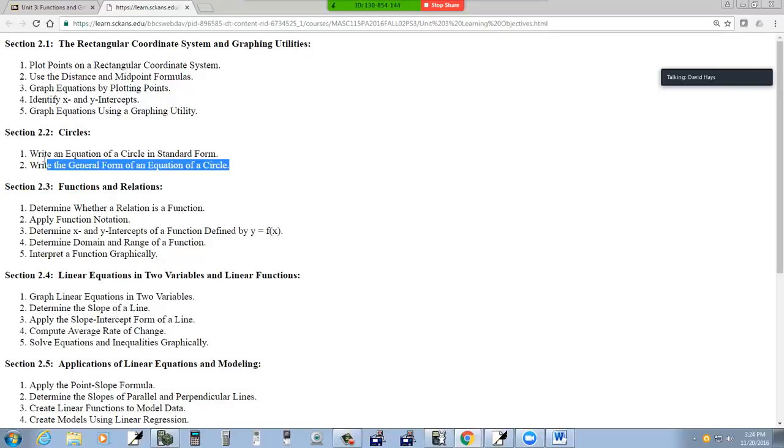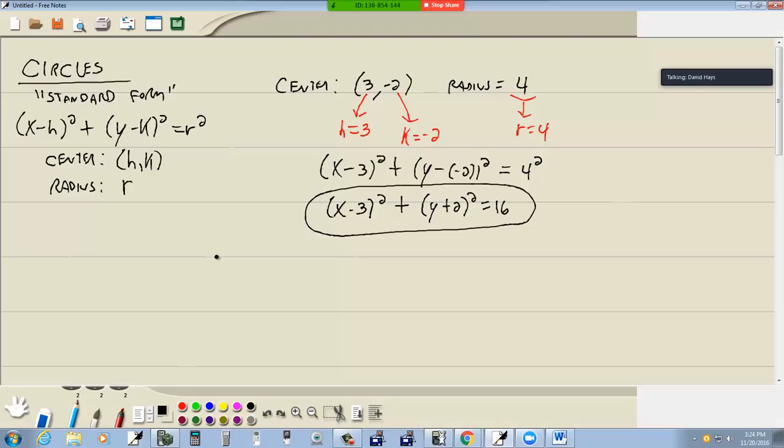Now the other topic here says write the general form of an equation of a circle. Well, this is standard form. General form is where it's of the form... and there's different variations of this, and to be honest, I'm not quite sure which one this book chooses.